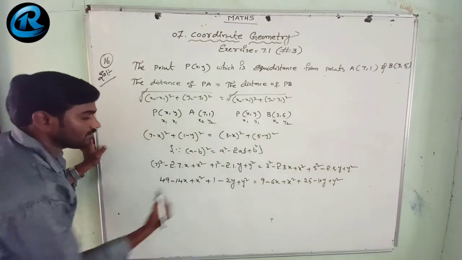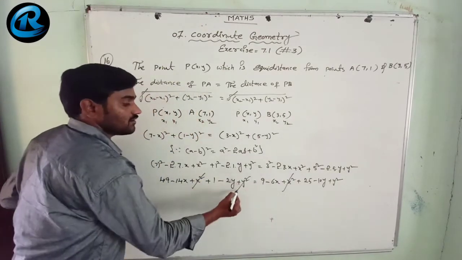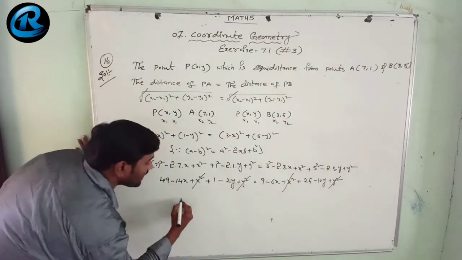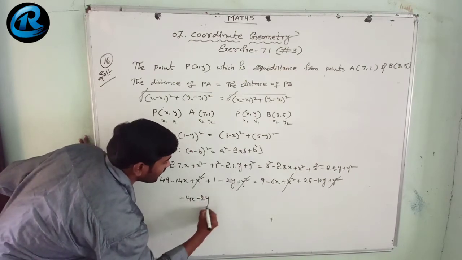Now here x square is there, here x square is there. Can I cancel? Plus y square on either side we have cancelled. Now minus 14x is left and the y term, minus 2y, is left.